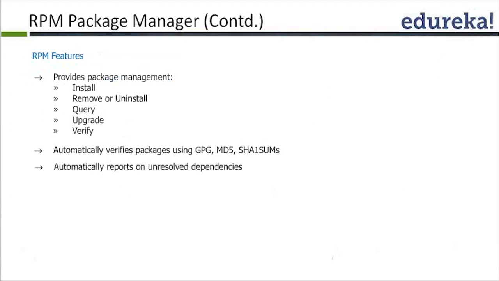If there are any dependencies, RPM will not bring the dependencies from anywhere. It will list the dependencies, you need to download them as well, and then try installing that package.